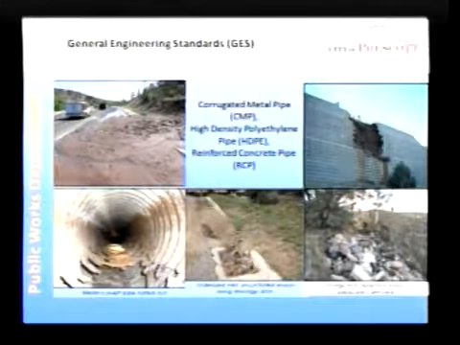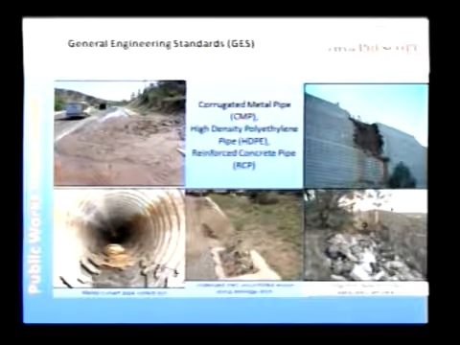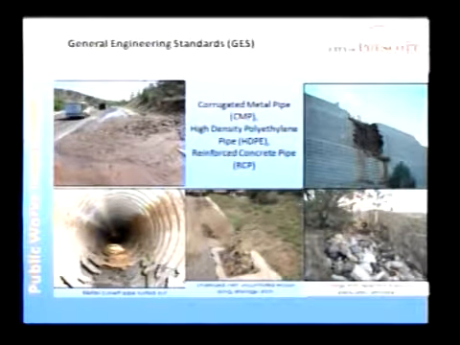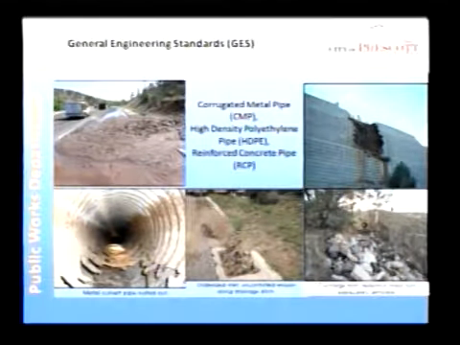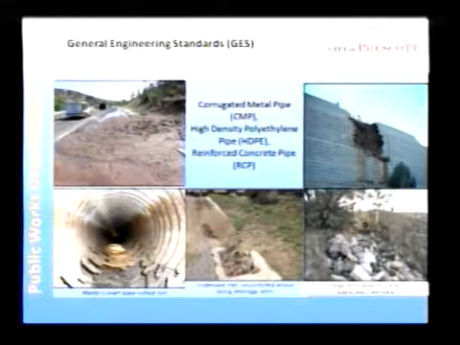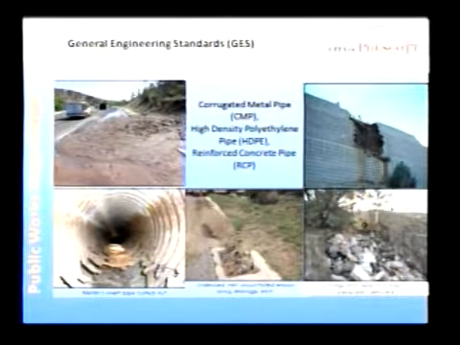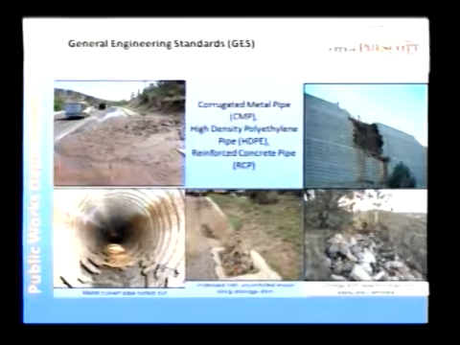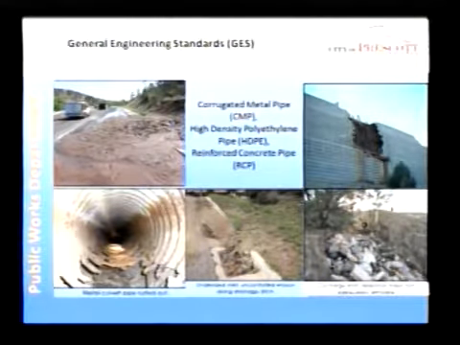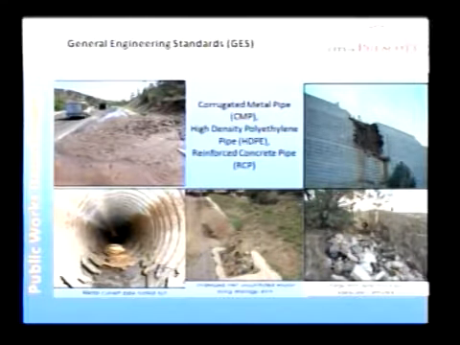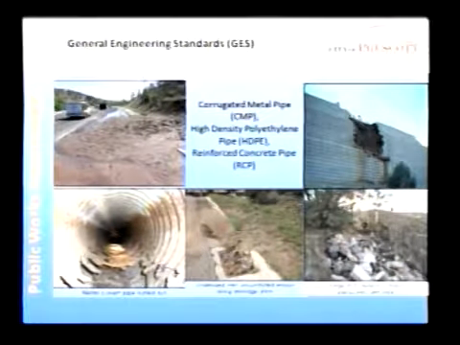One topic was a little bit of concern about the rubber gasket reinforced concrete pipe, RGRCP. We know it's a very good product, and we also know it's a little bit more expensive. We know that with CMP, we've experienced a lot of failures. After a very short few years, CMP basically starts to rot out. There's a picture there that shows it. It collapses, the city needs to jump in, replace the pipe, and redo the roadway.